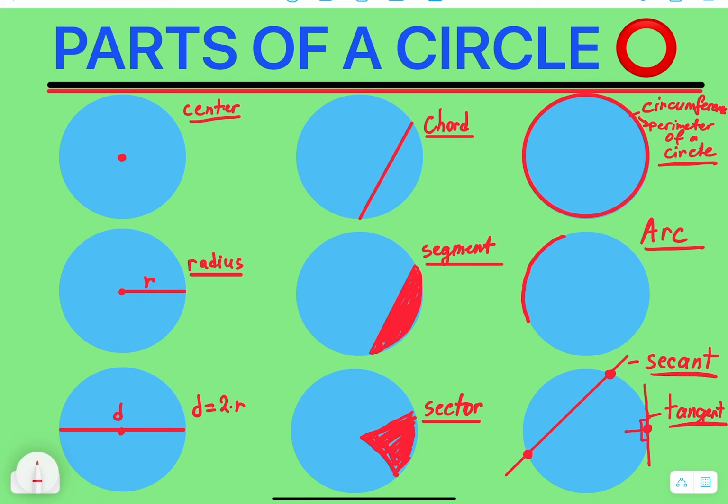So these last two we will use in trigonometry, and it's very important to memorize. So those are the mostly main parts of the circle you need to memorize. We will use them in many problems.